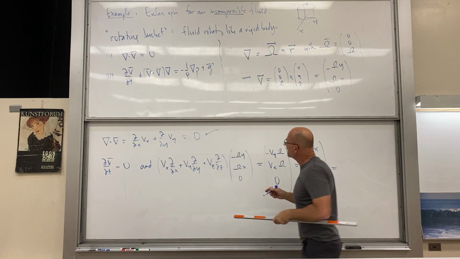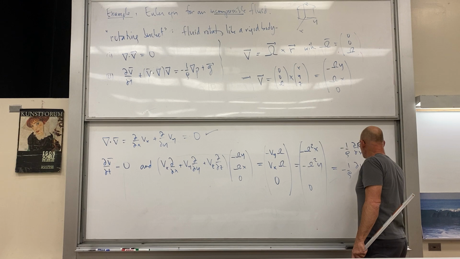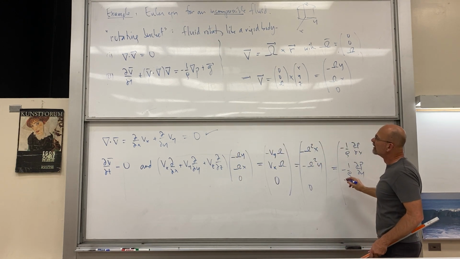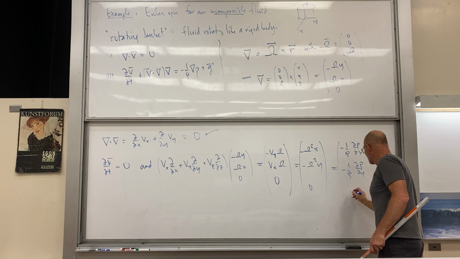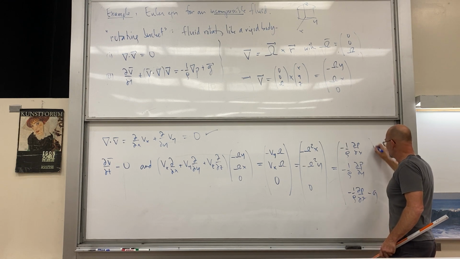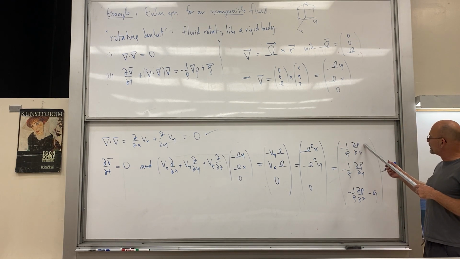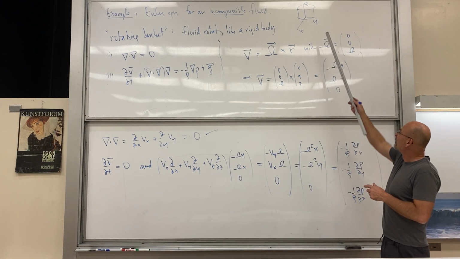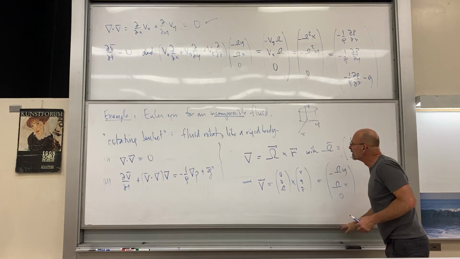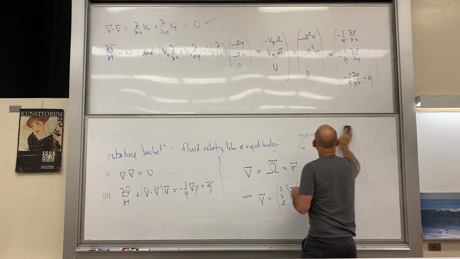So minus 1 over rho gradient p is minus 1 over rho dp/dx, minus 1 over rho dp/dy, and then minus 1 over rho dp/dz, and the g is pointing down, minus g. Okay. So this is our differential equation, and what we're going to use it for is to solve for the pressure, and then we're going to evaluate on the surface of our rotating body. So the last equality there is our differential equation.